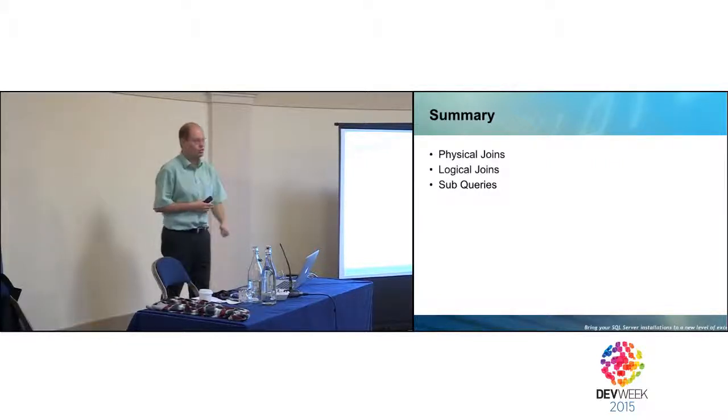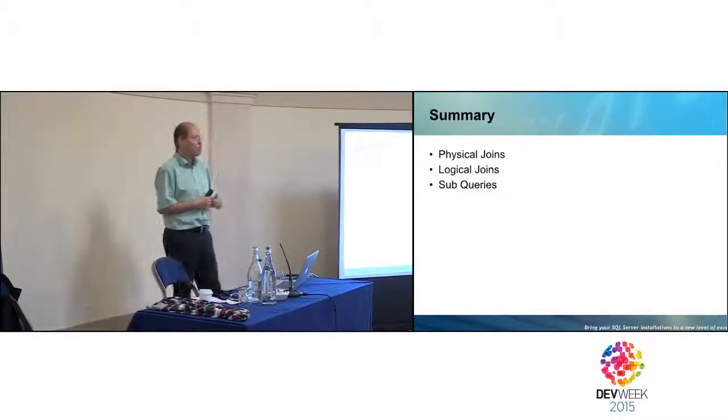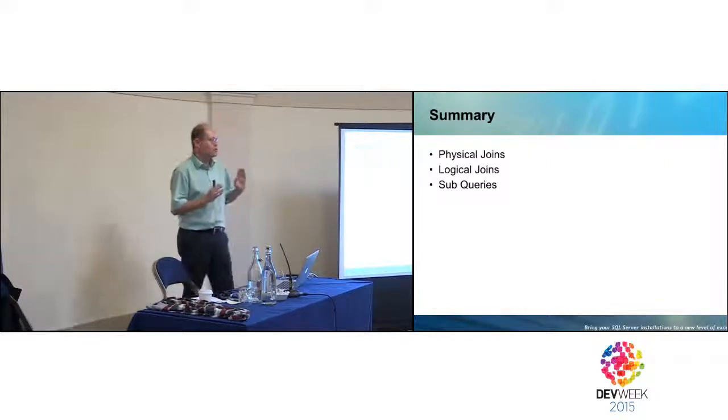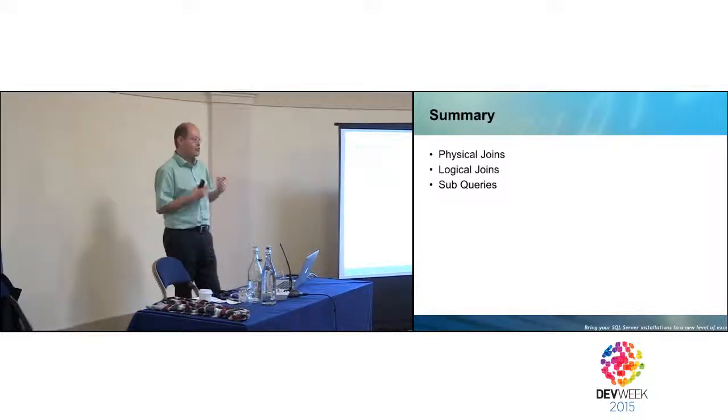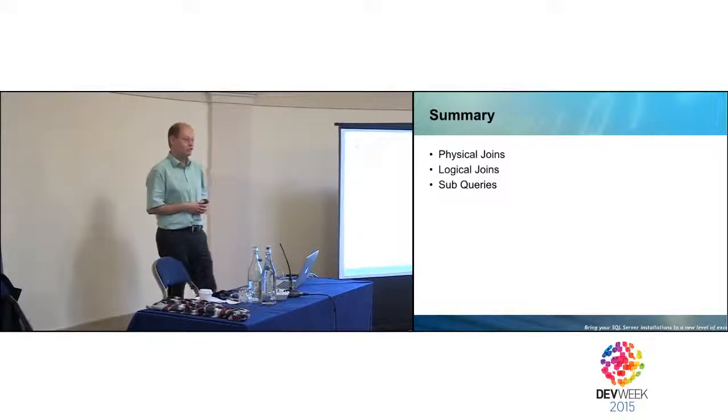First phase is always a cross join, the Cartesian product, followed by the filtering phase, followed by adding the null extended rows. And with the join operator itself, you just specify which of those 3 phases should happen. And finally, at the very end, I've given you a short overview about subqueries, because you have seen in the execution plan, when you execute a subquery, you mainly work again with physical join operators in SQL Server.